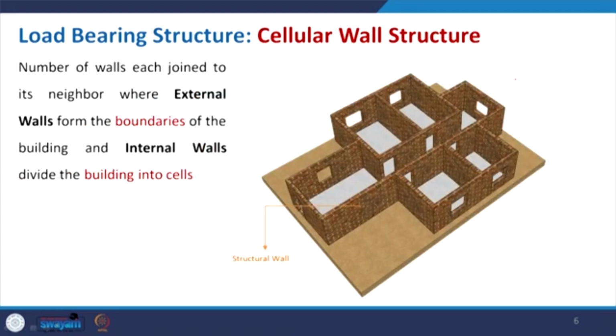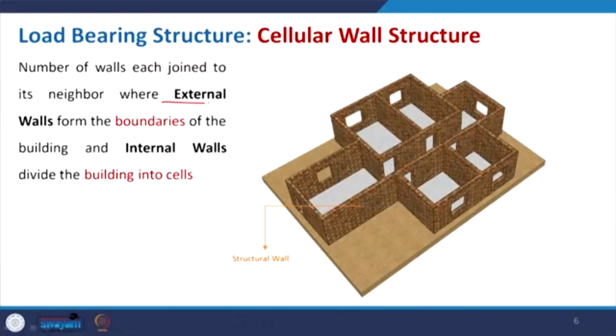Now, come to the load bearing structure cellular wall type arrangement, where a number of walls are joined together, and the external and internal walls are combined to each other in such a manner that the external walls create a boundary, this profile, and the internal walls, both being load bearing walls, create the divisions and make cells. Practically it is making rooms, but here they are creating different cells.